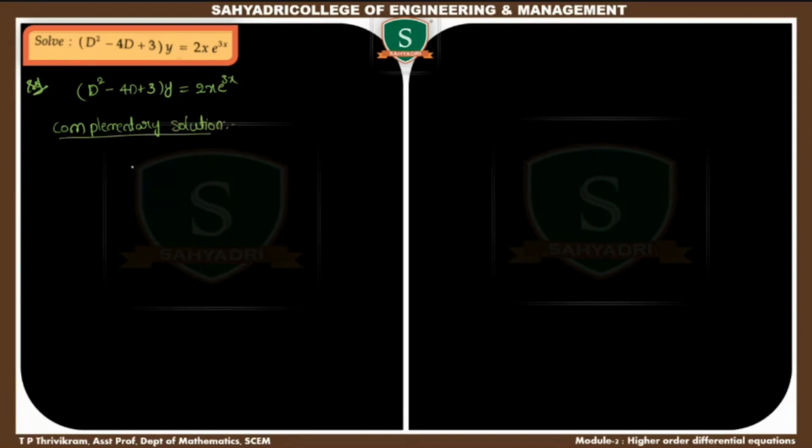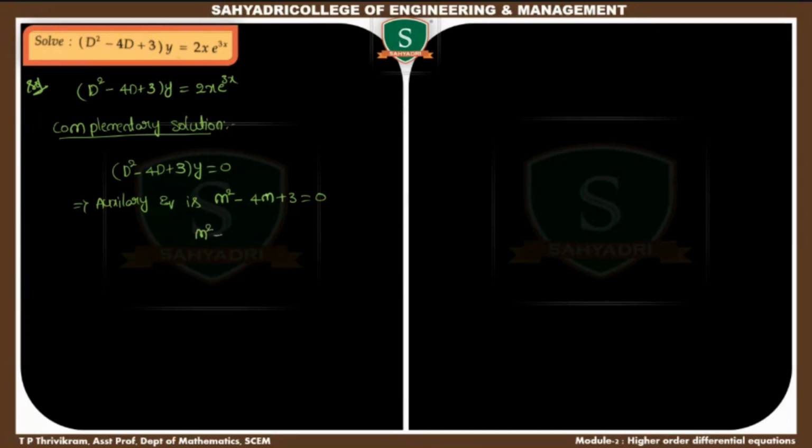So (D square minus 4D plus 3) y equal to 0 implies the auxiliary equation is m square minus 4m plus 3 equal to 0. So how to solve this?